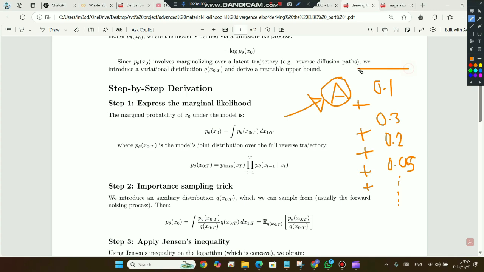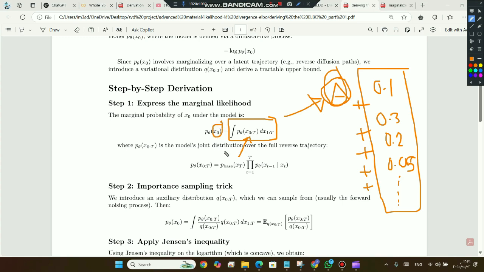So we will sum up the probability of all those paths because each one of those paths will end up with A. So this is the intuition behind this integration over here. So this integration tells us to sum the probability of all the paths that end up with x naught over here. So this is the intuition behind this summation or this integration.